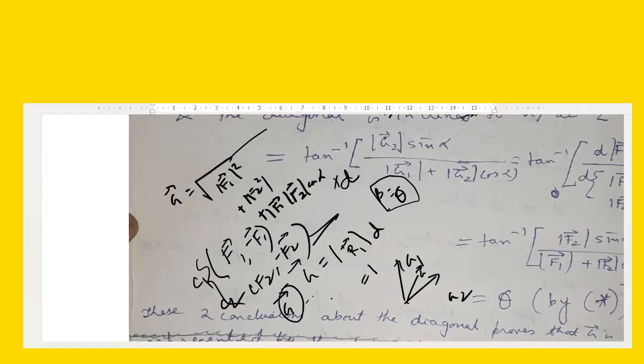So whatever the two couples produced by F1 minus F1 and F2 minus F2, now you can replace by a single couple G. There were two couples here, G1 and G2. Now you are replacing them by a single couple, and that is possible.